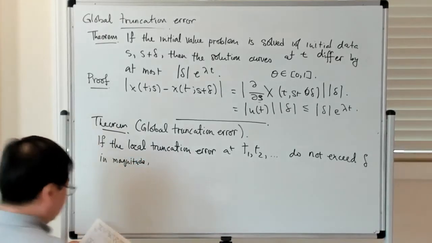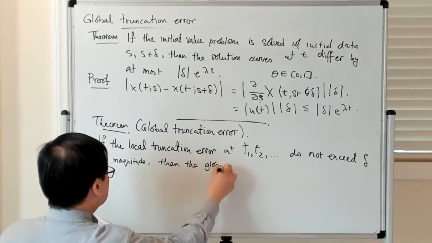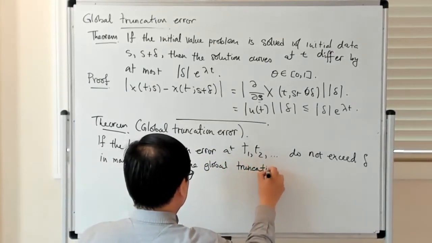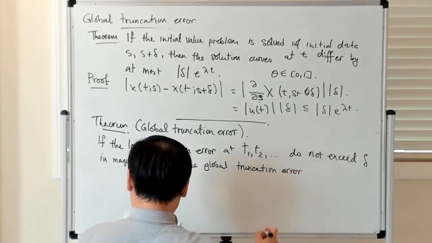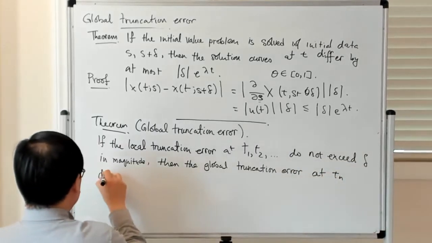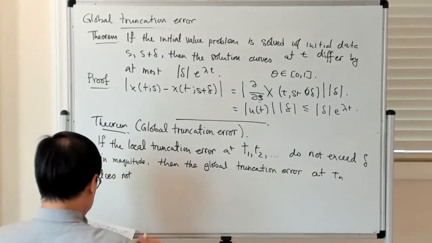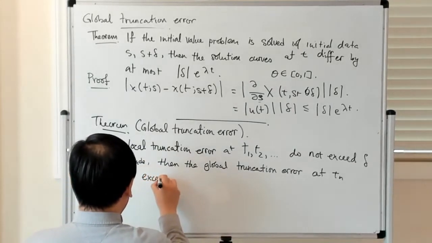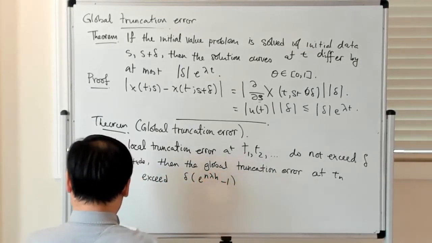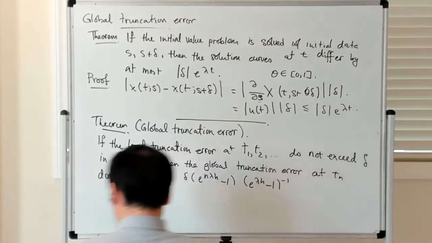Then the global truncation error at Tn does not exceed delta times (e to the n lambda h minus 1) over (e to the lambda h minus 1), that is, times the reciprocal of e to the lambda h minus 1.